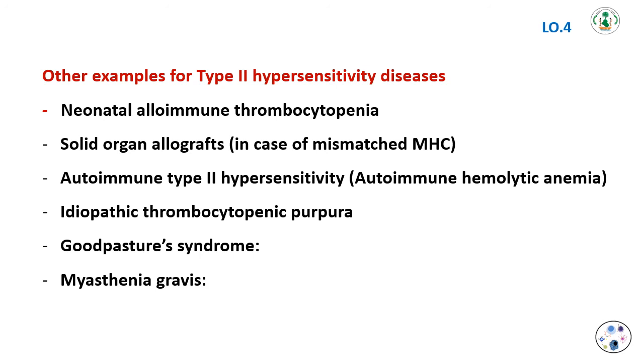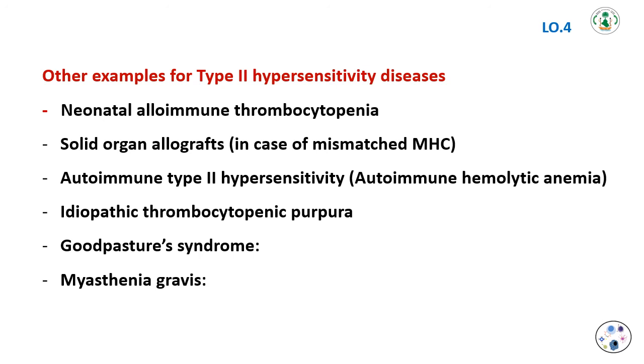Idiopathic thrombocytopenic purpura: an immune disorder in which the blood does not clot normally because the immune system destroys platelets, leading to a decreased number of platelets in the blood.